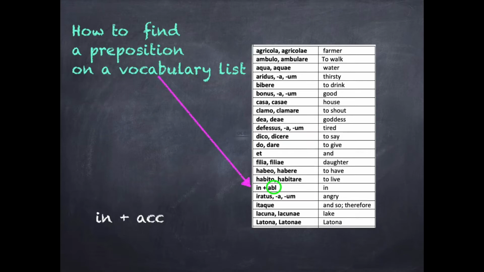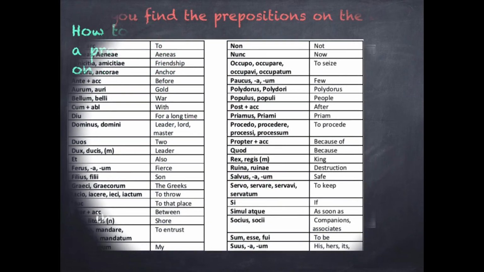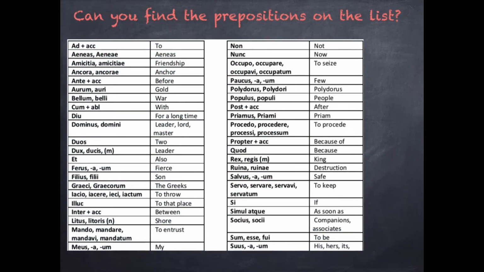Let's look at this new vocabulary list and see if you can find the prepositions that are on the list. Remember, it has to be one of the little words followed by plus ABL or plus ACC. So pause the video and see what you can find. You should be able to find 6 prepositions on the list.